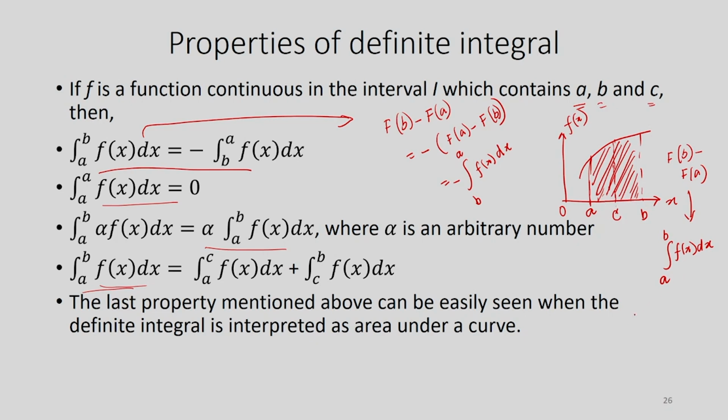So, this a to b can be seen as the area between a and c, which is denoted by this, plus the area between c to b, which is denoted by this. So, essentially I am talking about this particular area on the left, plus this particular area on the right. Their summation is the total area.